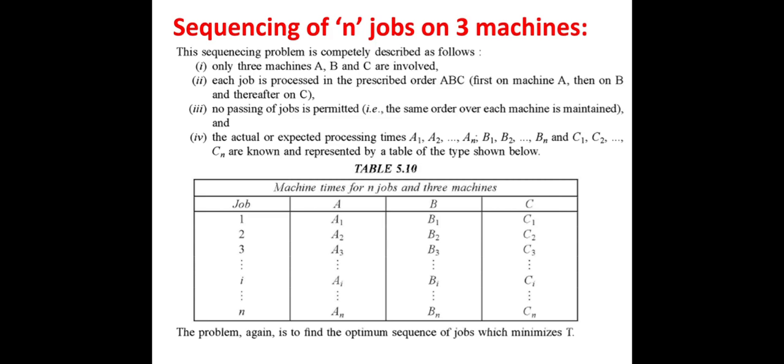The sequencing of n jobs on 3 machines problem is described as follows. Here only 3 machines, A, B and C, for example, are involved.